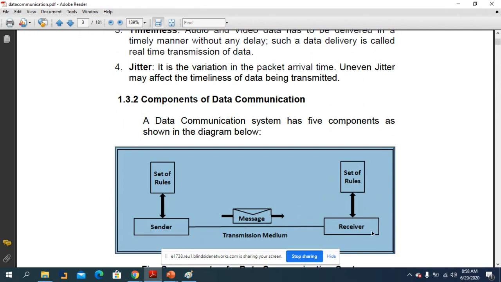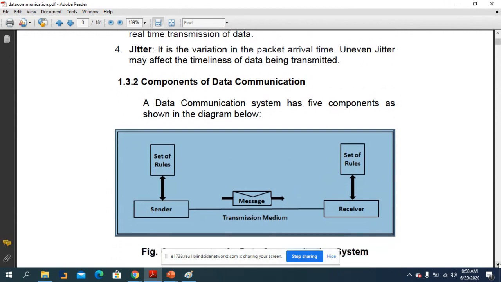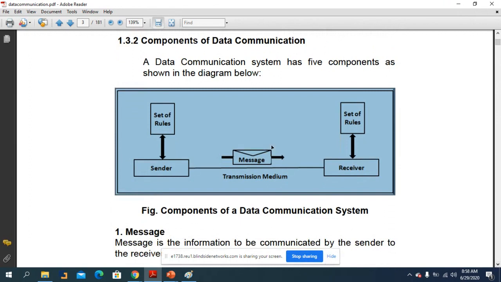So within the communication, we have people, we have hardware, we have software that are supposed to be used in communication. And then we have some protocols that are supposed to be used in the communication. So we can look at these components. One of them is a message. The second one is the sender. The second one is the receiver. The next one is the protocols. And then we can look at the systems that we are supposed to use in communication.